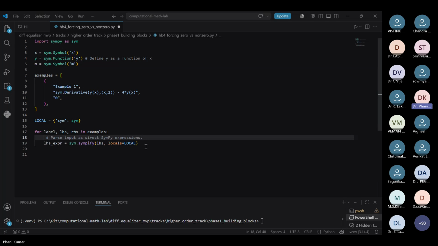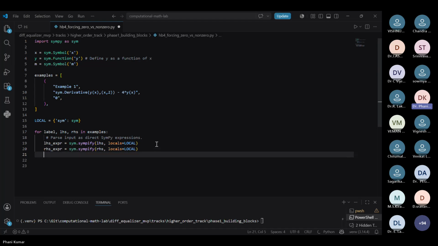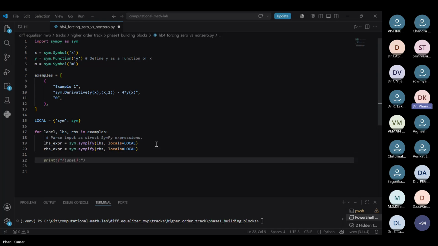What is RHS? SimPy expressions. So LHS underscore expression, whatever the left hand side is, we are going to store it as LHS underscore expression. It is sim.simplify of LHS, and for the right hand side expression, sim.simplify of RHS, right? So we are taking RHS and LHS.